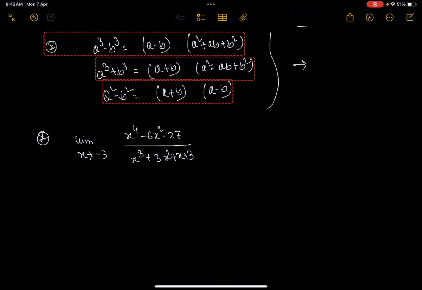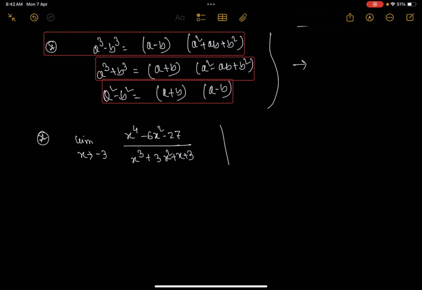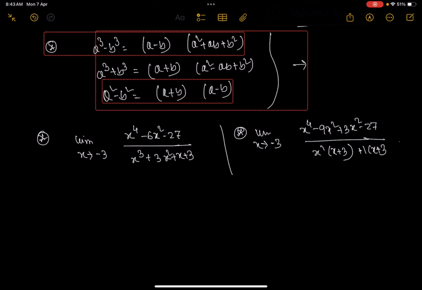Also this problem, limit x tends to minus 3, x to the power 4 minus 9 x square plus 3 x square minus 27 by x square into x plus 3 plus 1 into x plus 3. You can solve this problem. I think this is the most difficult, so we can solve this.